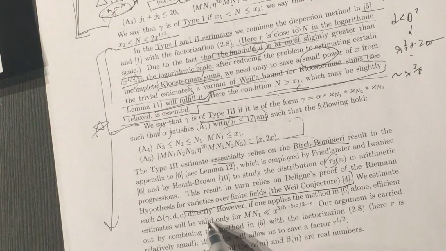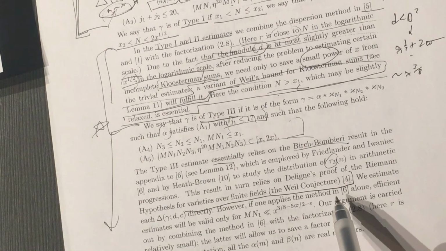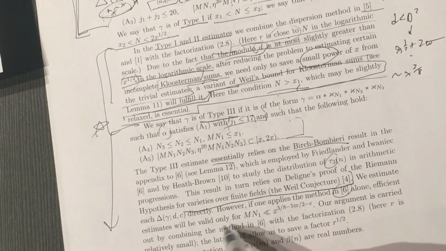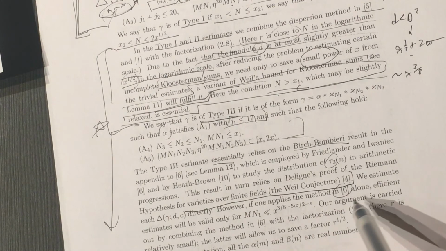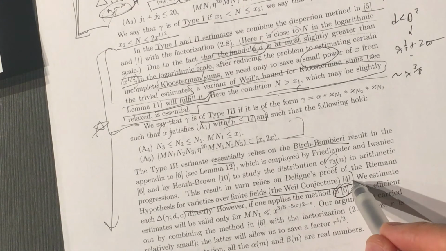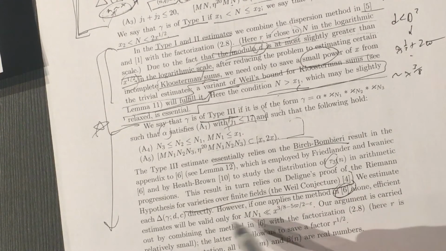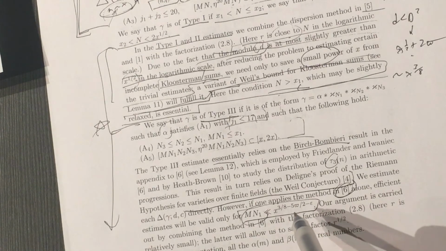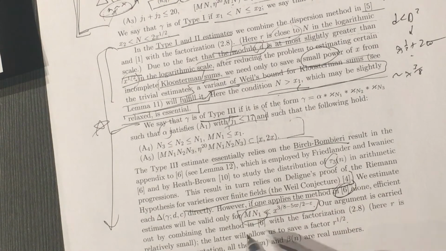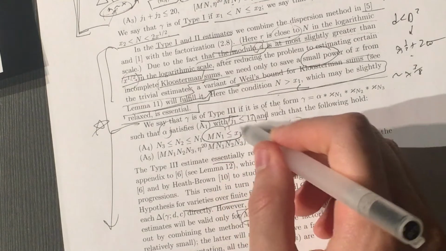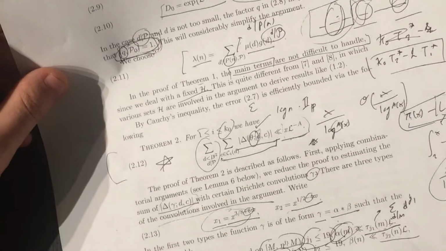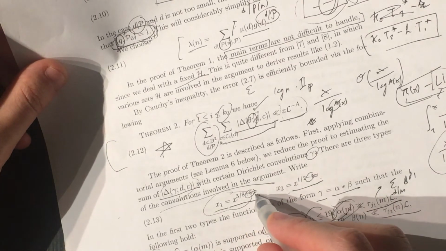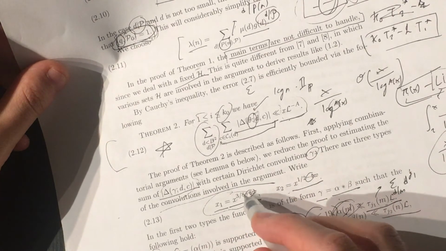Okay. One implies the method in reference 6 alone. Efficient estimates will be valid only for this. So apparently if you apply just the existing methods, you can get the correct estimate, but only assuming this additional assumption, which I guess he doesn't want to assume. So here he only assumes that m and n1 is less than or equal to x1, where x1 is x to the 3/8 plus a small factor.